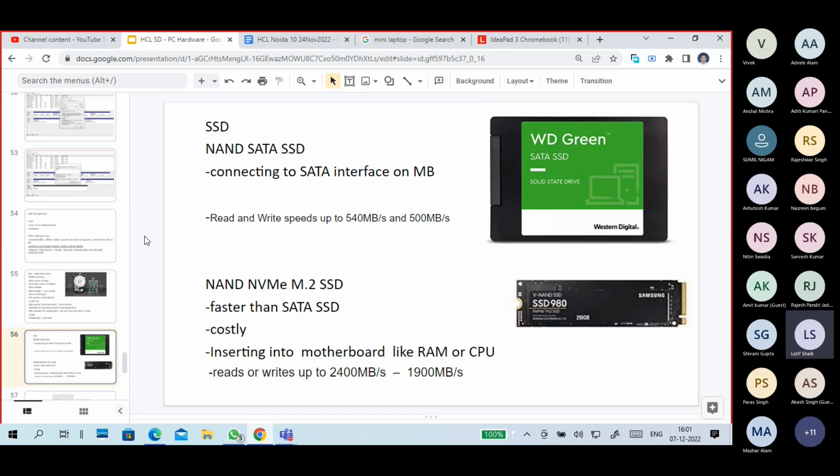It is very small in size compared to a hard disk and SATA SSD, and it is faster than a SATA SSD. Some people want to convert their laptop or desktop to SSD, but it is not required, guys, because a SATA SSD is only a little faster than a SATA hard disk. When you want to buy a laptop or desktop, better to check once whether M.2 support is there, then you can take it.